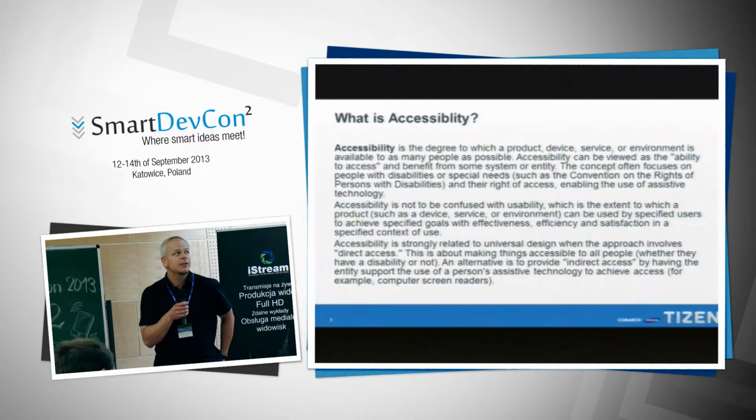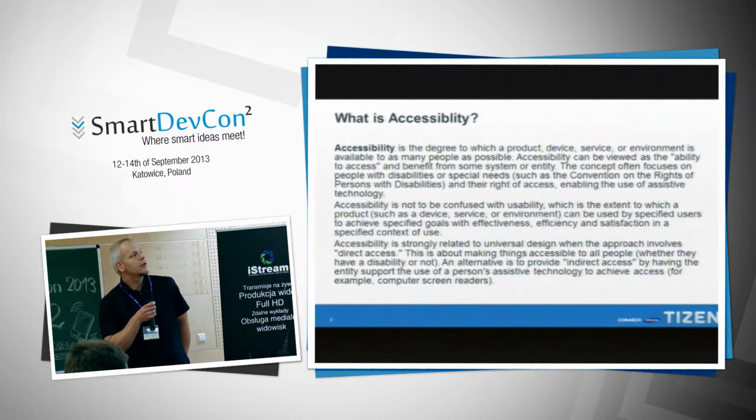Okay, so what is accessibility? This text here is taken from Wikipedia. I think it describes this term pretty well: it's just the degree to which a product or anything is available to as many people as possible. It's just the ability to access and benefit from some system or entity, and in most cases this term is focused on people with disabilities.